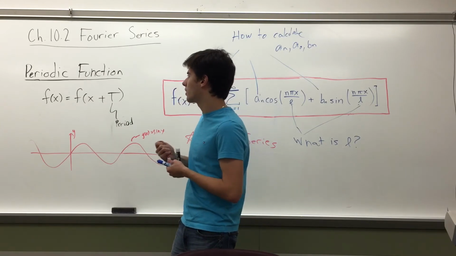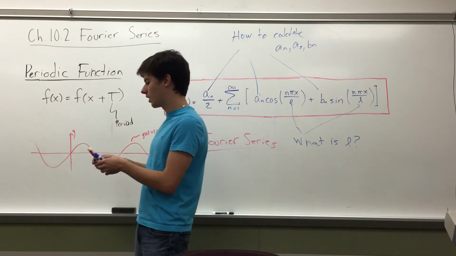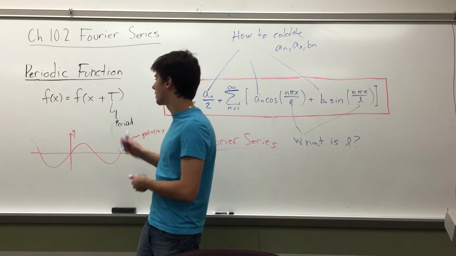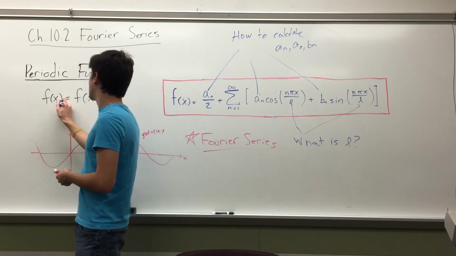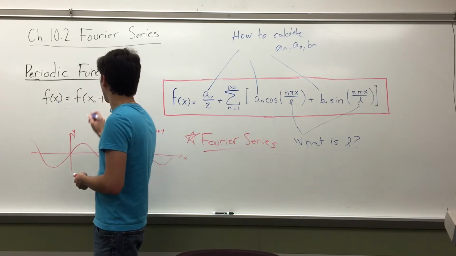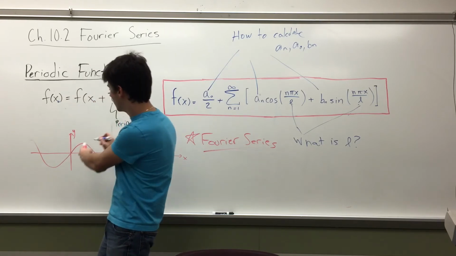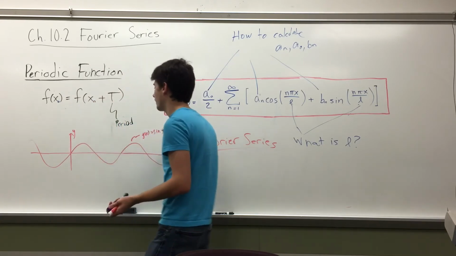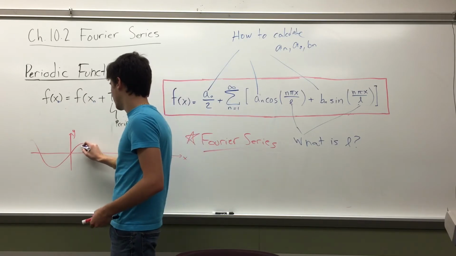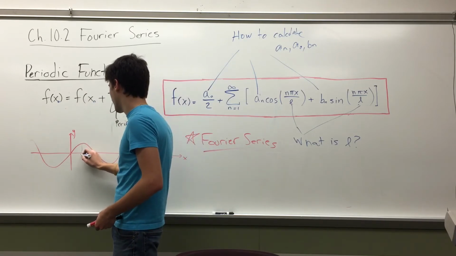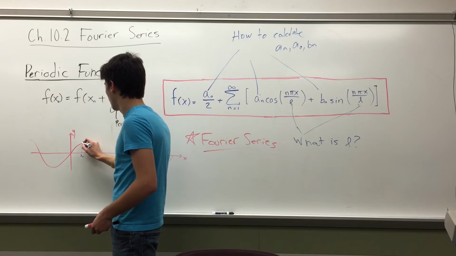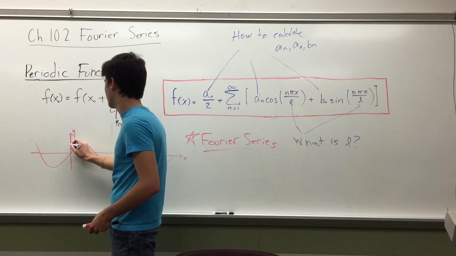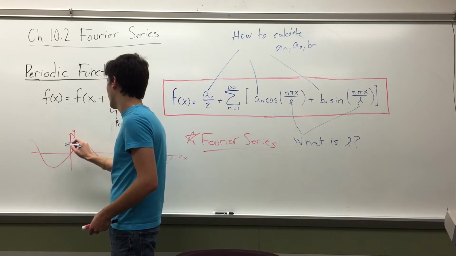Let's choose an arbitrary point, x naught, for example, let's say the maximum point of sine of x. Let's say that this point right here is x naught. We also have a corresponding f of x naught, right?